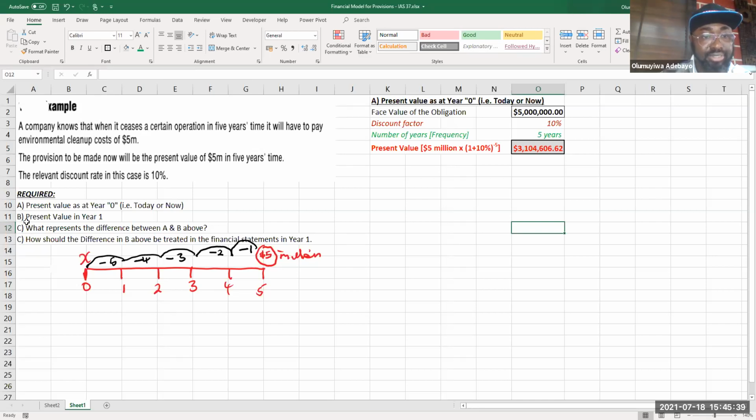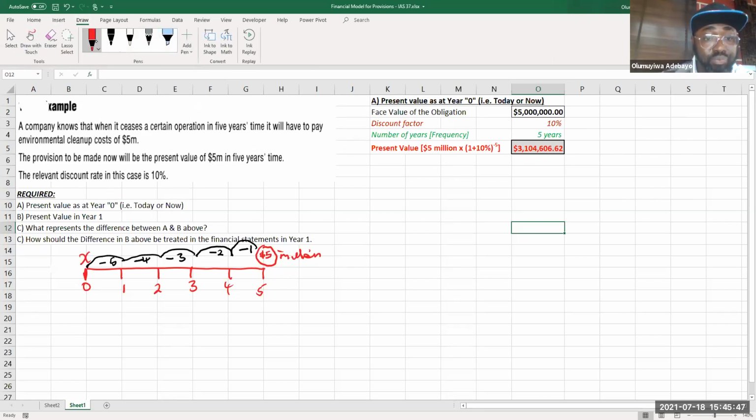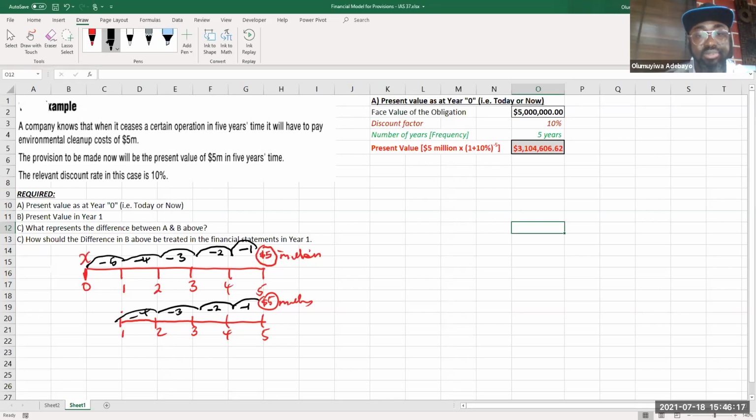This says, what is the present value in year 1? If it's year 1, it means we are stopping here, and this is 5 million. It means we'll come back and discount it 1, 2, 3, and 4 times.